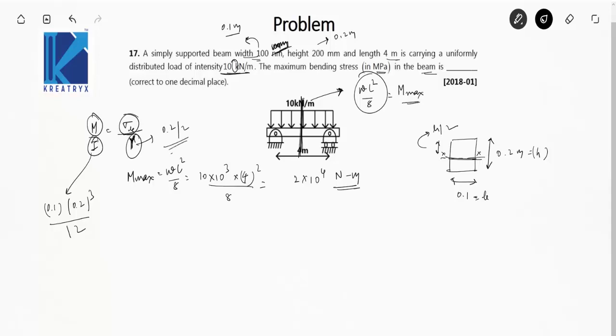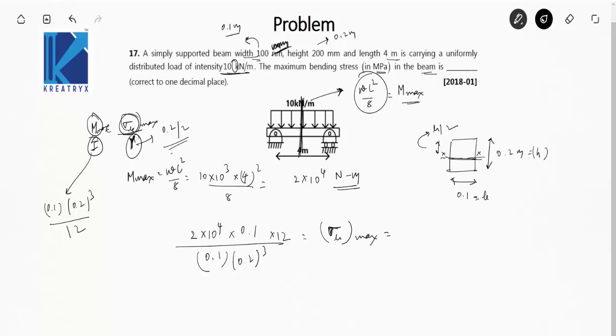Now I can find out sigma B maximum. This will be sigma B maximum if M is maximum. Let's solve this. This will be 2 into 10 to the power 4 Newton meter into y, which is 0.1, upon I, which is 0.1 into 0.2 cube by 12, which gives sigma B maximum.